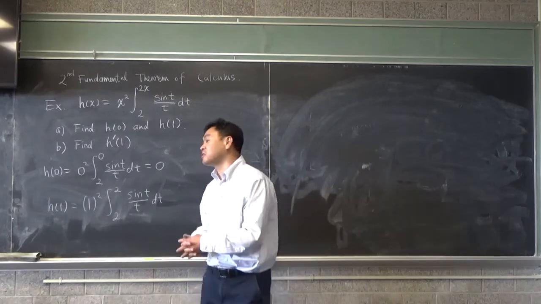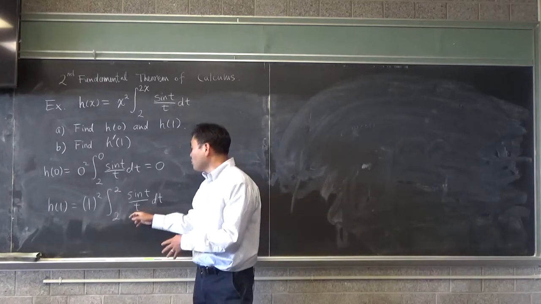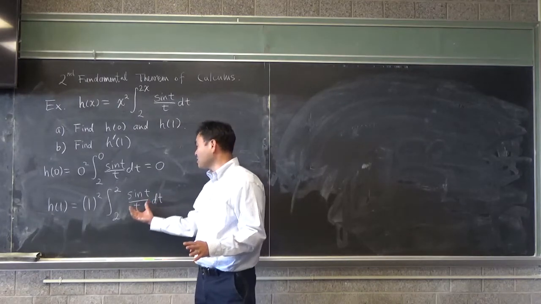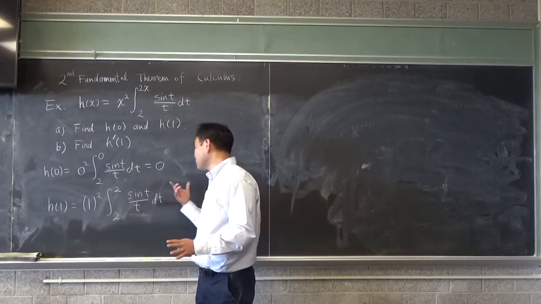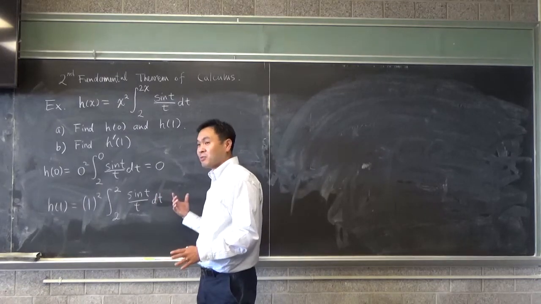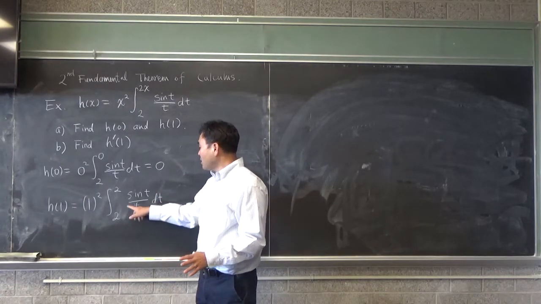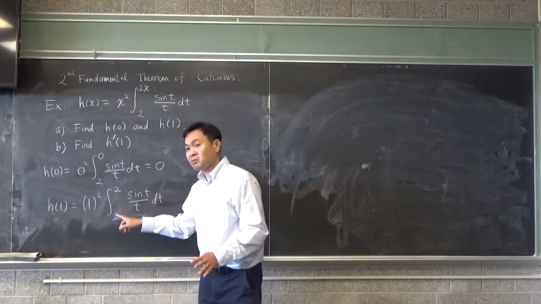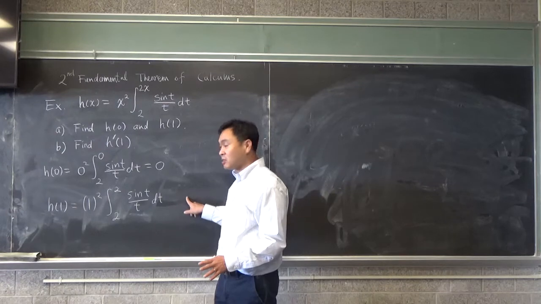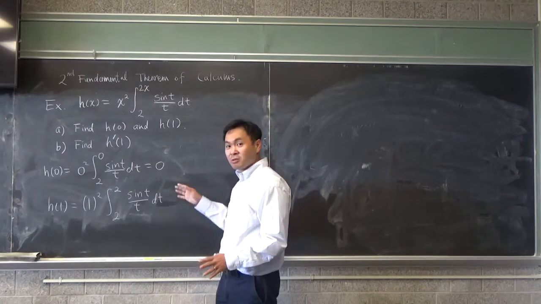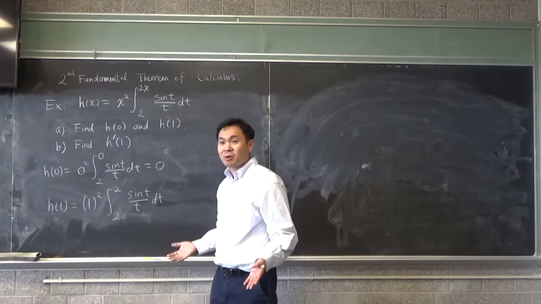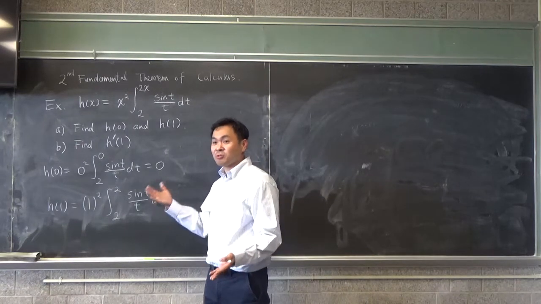Another way to explain it is, although you can't integrate this, let's assume for a moment that we can. Then let's call the antiderivative capital F of t. Then the fundamental theorem of calculus says, write down the antiderivative, capital F of t, and then you plug in 2 and 2, which means you do F of 2 minus F of 2. Whatever F of 2 is, you're subtracting F of 2 minus F of 2.